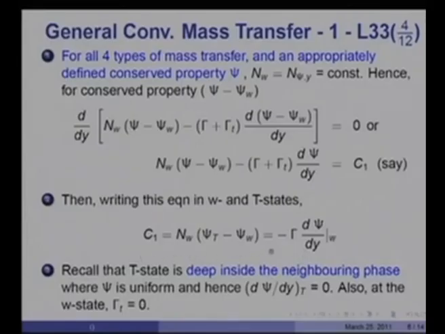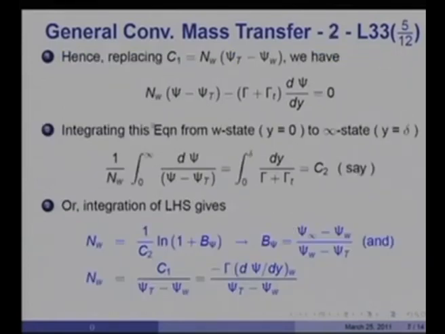We shall make use of this equation and substitute for C1, C1 equal to N_W (psi t minus psi w). I will substitute that on the next slide, and you will see that I would get N_W (psi minus psi t) minus (gamma plus gamma t) d psi by dy equal to 0.